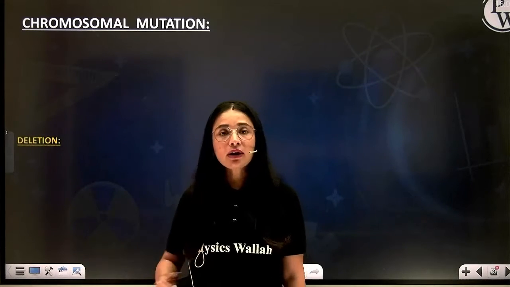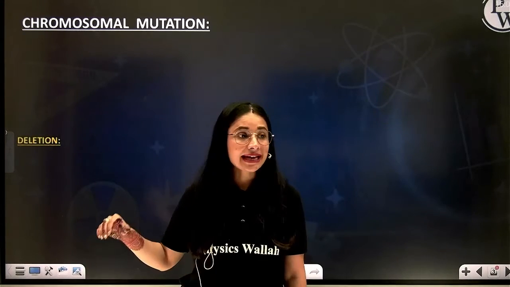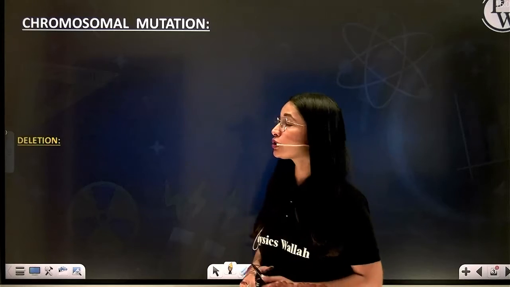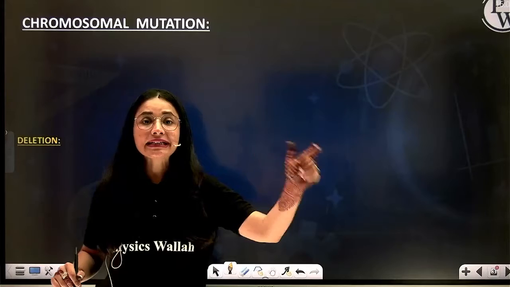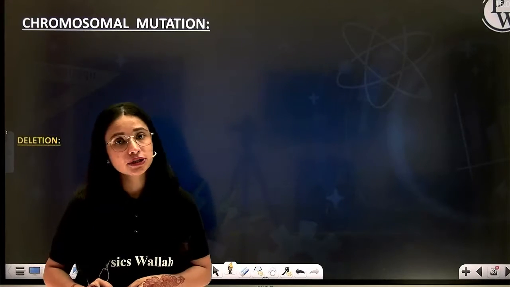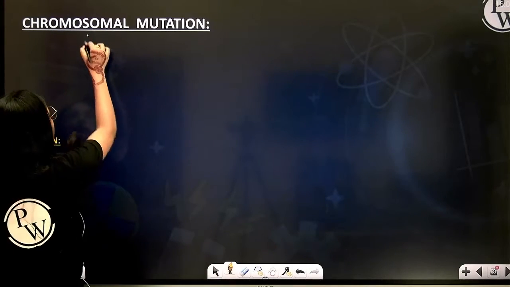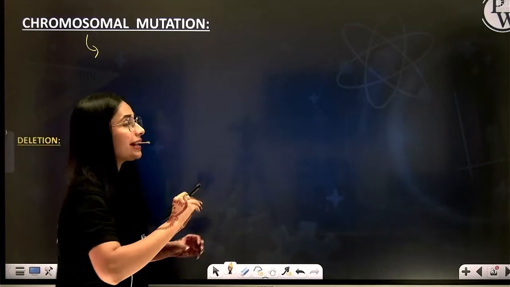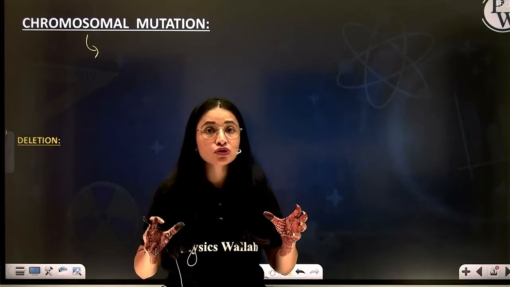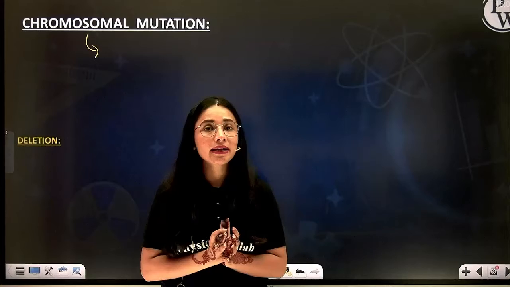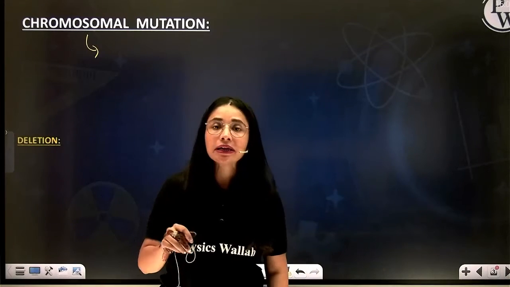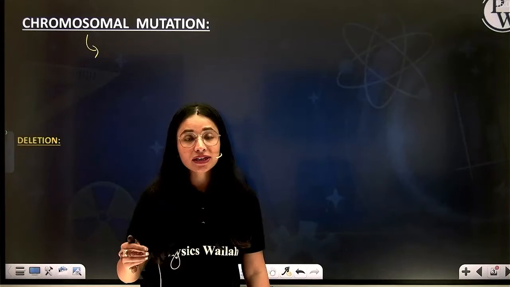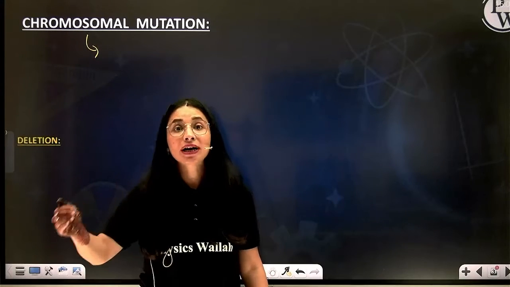Today, we are going to continue with the second type of mutation, that is chromosomal mutation. Now beta, it is slightly different from gene mutation. How? In chromosomal mutation, there is a change in the chromosomal arrangement. The number of chromosomes will remain the same, but within the chromosome, the mutation is occurring in more than one gene.